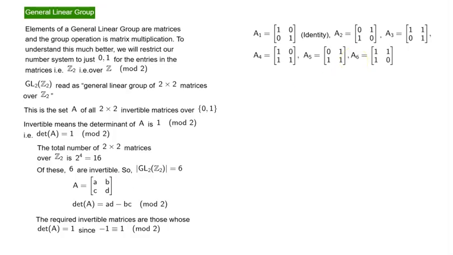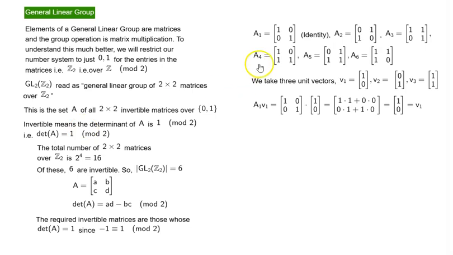Now let's take 3 unit vectors. V1 equal to (1, 0), V2 is equal to (0, 1), and V3 equal to (1, 1). Now let's multiply A1 with V1. A1 V1 is equal to [1, 0; 0, 1] times (1, 0).